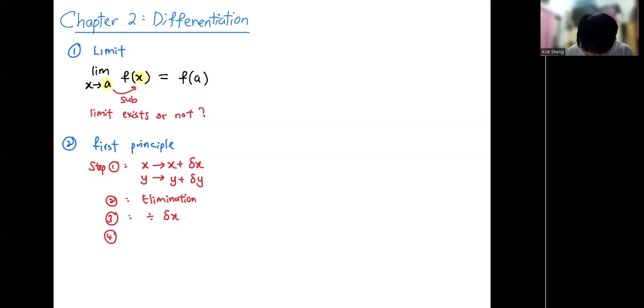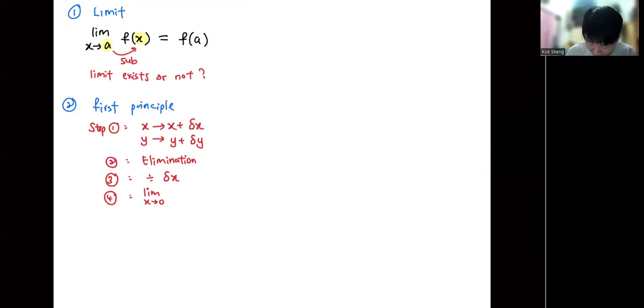And one more, you need to use the limit to sub the 0 into the x. Okay, this one don't worry, later we do one question also for the first principle.